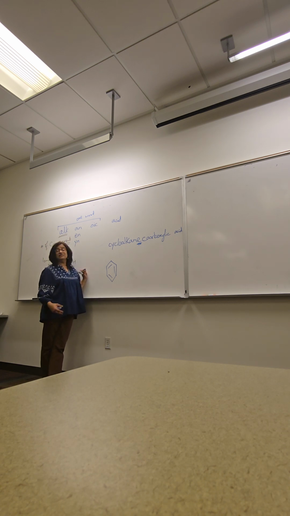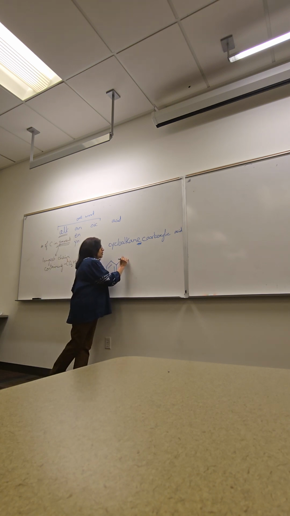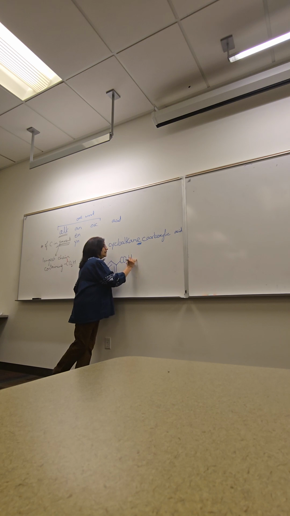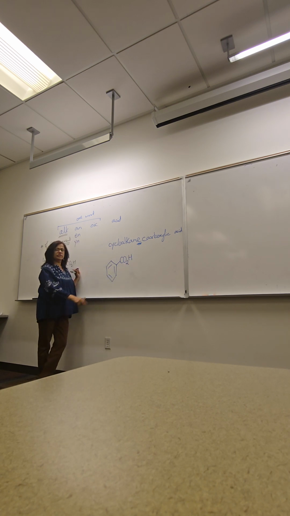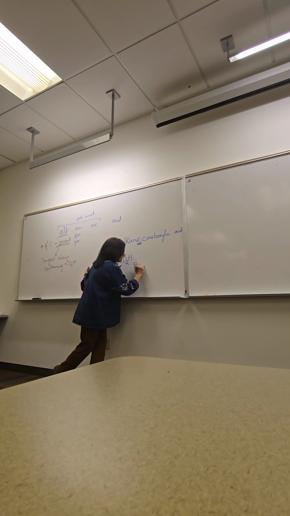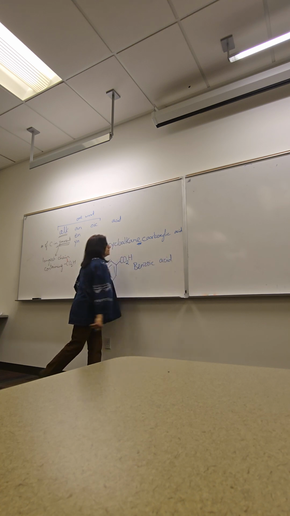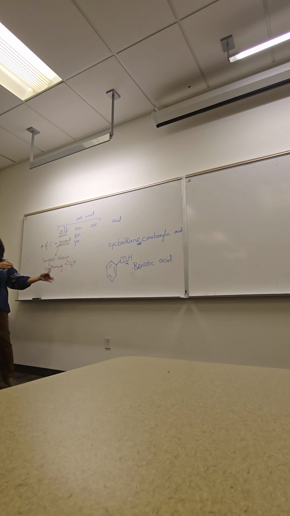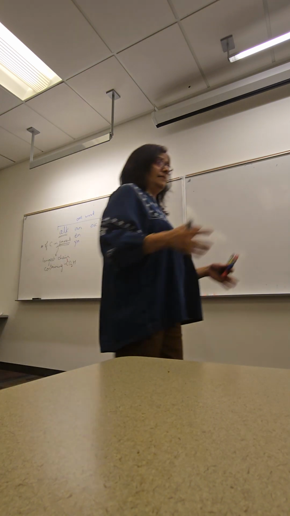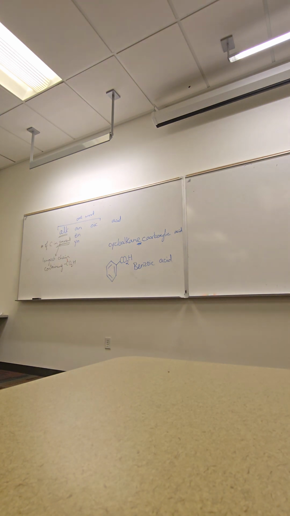There is one carboxylic acid on a benzene that has its own special name. Does anybody remember? Benzoic acid. This is not cyclohexane carboxylic acid. That is benzoic acid. Everybody okay?